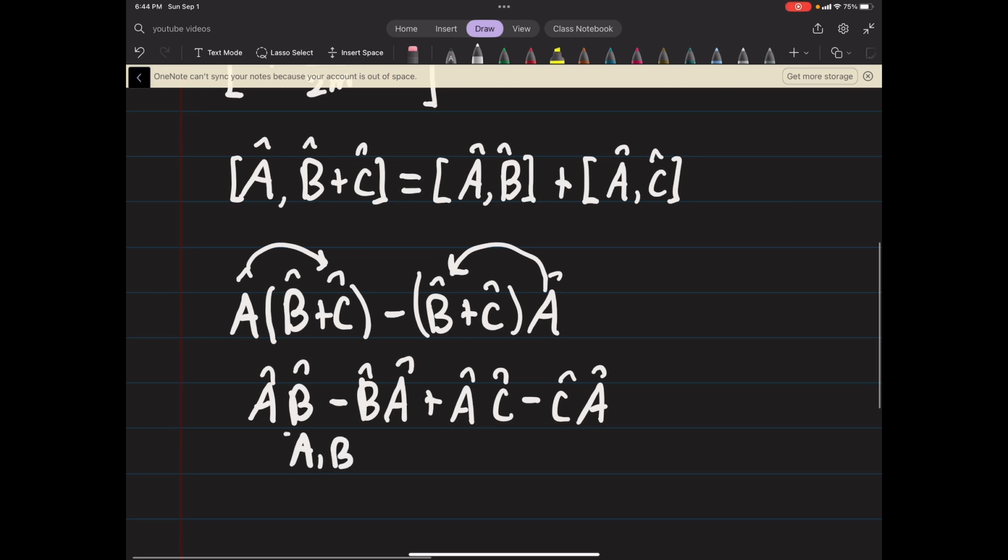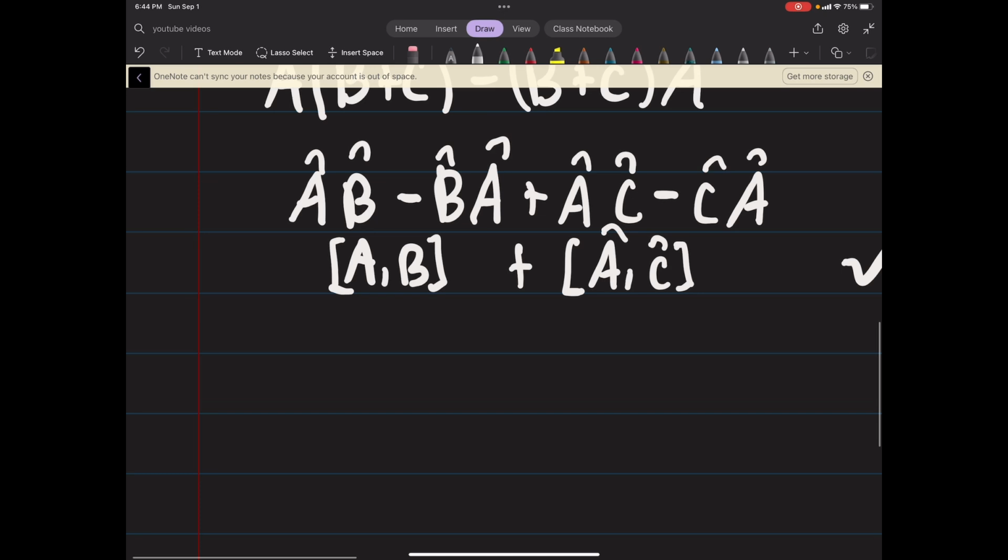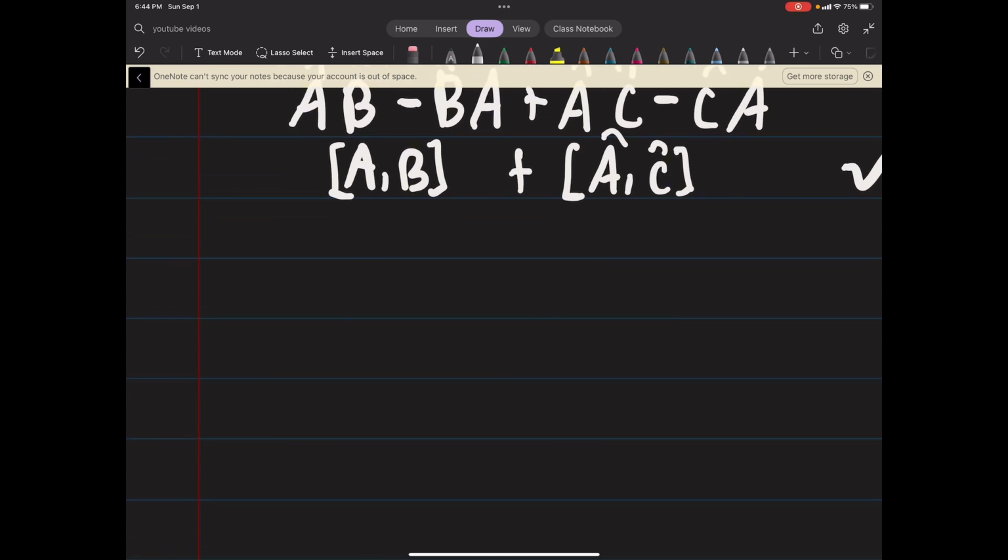This part is the commutation relationship between A and B, and this is A and C. So we proved that really quick and easily. Now what we can do is apply that to the problem we're working on, since it's of the same form.